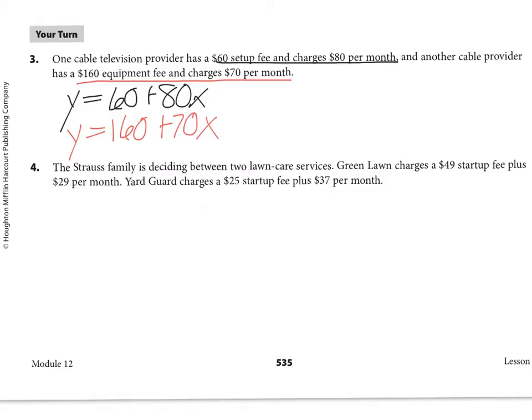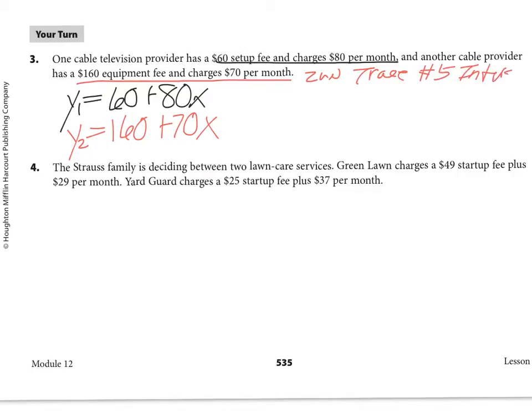What I'm going to do in this case is use the calculator. So I'm going to put these into y equals. This one's going to be y1. This one's going to go in for y2. And then remember, we go to second, trace, and choose number 5, intersect.